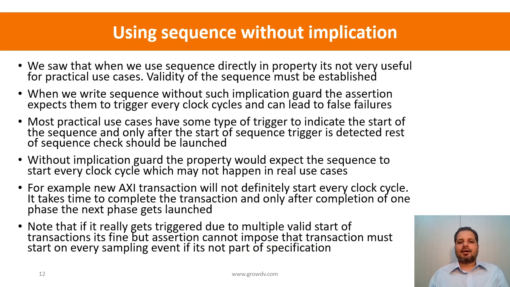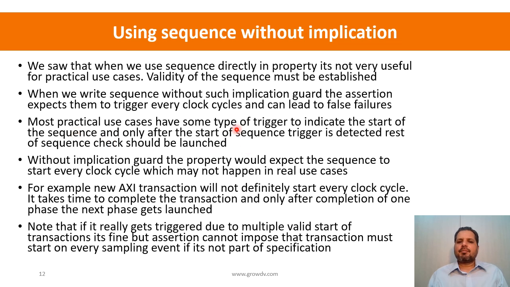We saw the usage of a sequence within the property without any guard, and this type of usage without validity doesn't have much practical use, especially for assert. There are some use cases when you use it with the cover directive, but with assert or assume directives, utilizing a sequence directly within the property without any guard is not very useful, because it expects the trigger or the condition to be met on every clock cycle, and then it can lead to false failures.